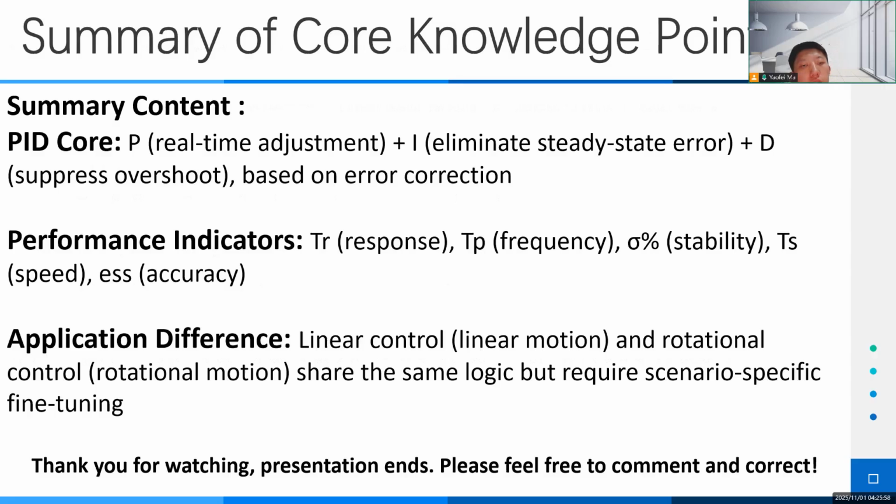Second, performance indicators: TR, TP, TS, ESS. Third, application differences: linear control and rotational control use the same PID logic, but we need to adjust KP, KI, KD for each scenario.